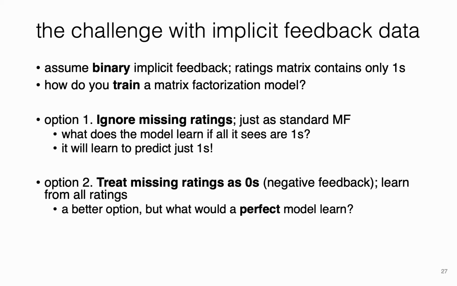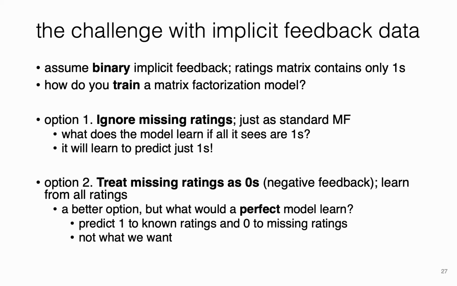But think of what a perfect model would learn. Here perfect means that it has the capacity to overfit the training data. So this perfect model will learn to predict 1 to known ratings and 0 to missing ratings. Again, this is not what we want because we cannot distinguish the good from the bad items.